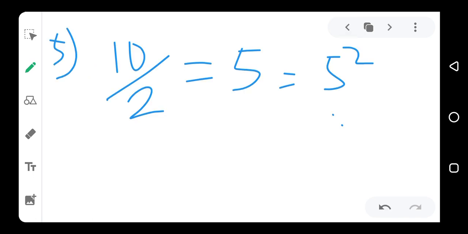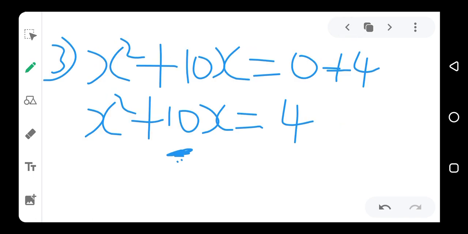So for here, we have 10x. x squared plus 10x is equal to 4. So we remove the 10x and add the squared value of b, which is 5 squared.